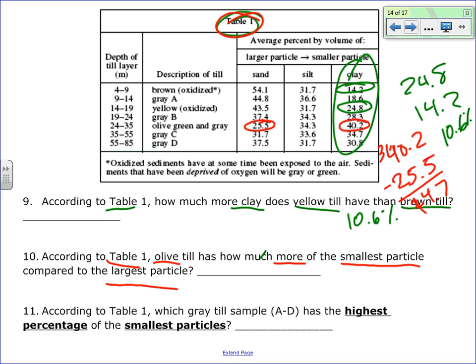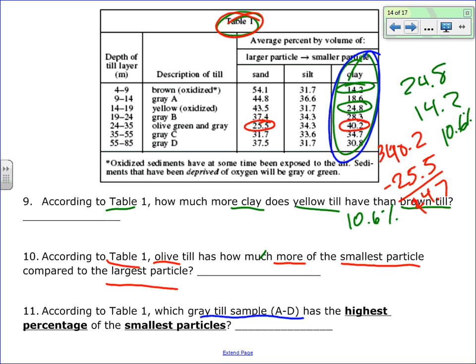Right. Gotcha. All right. Any questions? Last but not least, according to table 1, which gray till sample A through D had the highest percentage of the smallest particles? Smallest particles are clay.